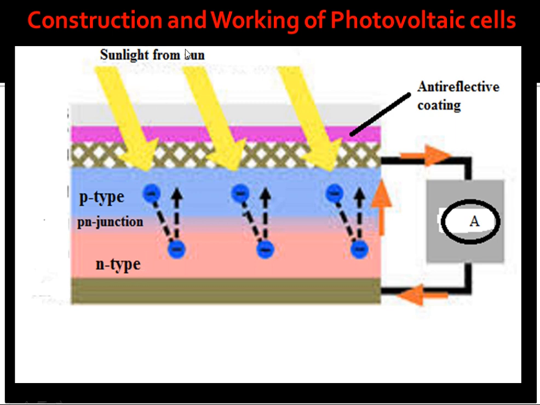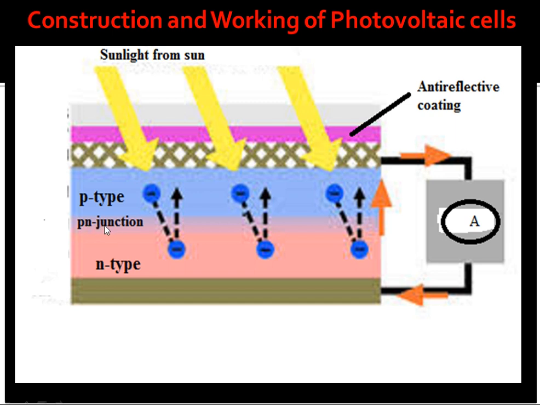When sunlight strikes the surface of the photovoltaic cell, these two layers, P-type and N-type, form one junction. In between these two layers, a junction is formed. That junction is called a PN junction.